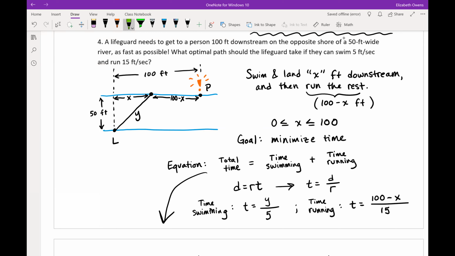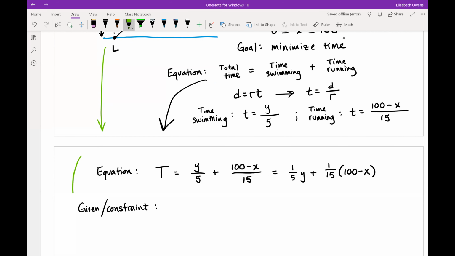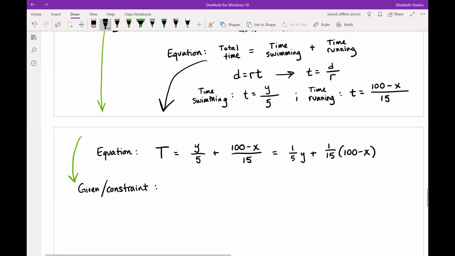If you look at that 50 feet, you can see it's straight across the river. We'll say this meets at a 90-degree angle here, because that's the lifeguard swimming straight across. So we've actually got a little right triangle set up right here with our 50 feet, our X and our Y, and that's what we're going to use for the constraint. I'll draw it again down here.